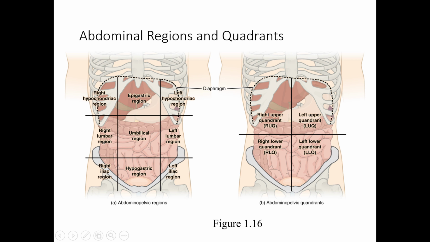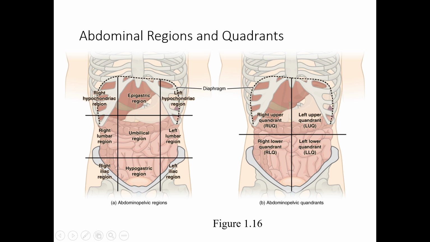Then we have the right lumbar region, that is your large intestine and small intestine. Umbilical region, small intestine, large intestine, and lower portion of the stomach. And left lumbar region, also small and large intestine. Right iliac region, large intestine mostly, with the appendix.